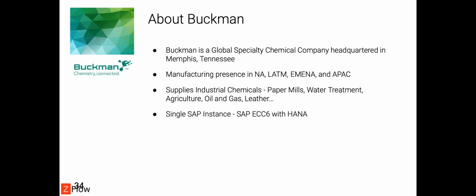We have our presence in North America, LATAM, EMENA, APAC, and China region, including South Africa. Our main customers are paper mills, water treatment divisions, agriculture, oil and gas, and leather divisions. We have verticals here, and we have a single instance on SAP ECC6 with the S/4HANA database.